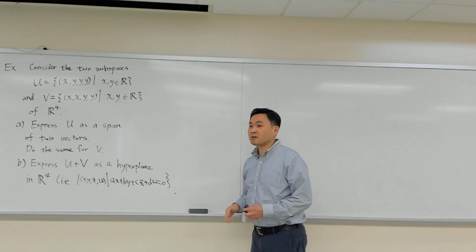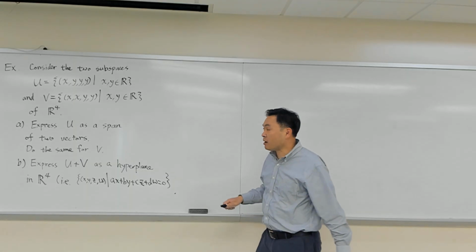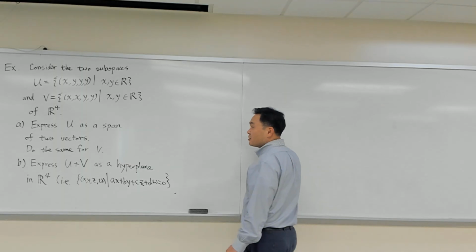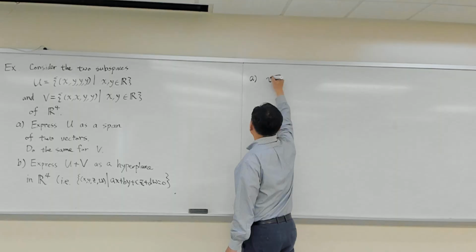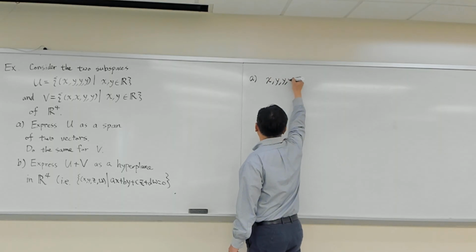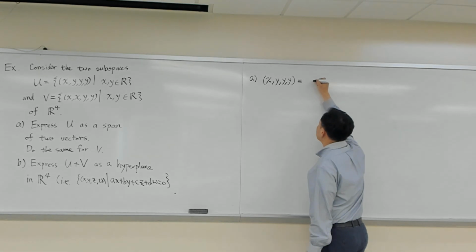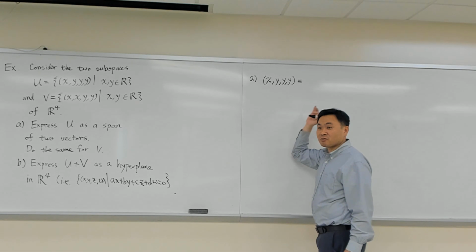Better one. Who can think of a better, more obvious choice? For x, y, y, y, can you think of a choice of obvious vectors?